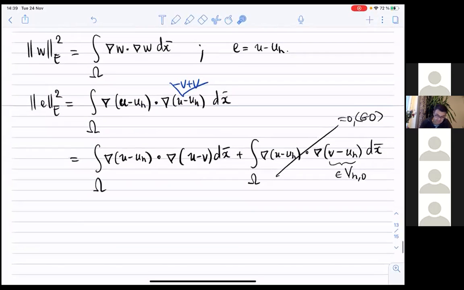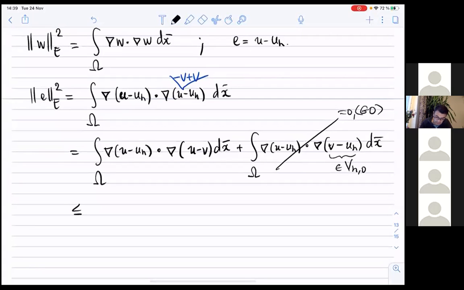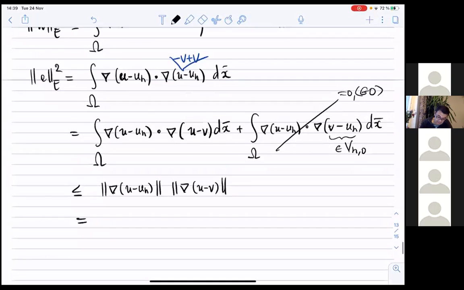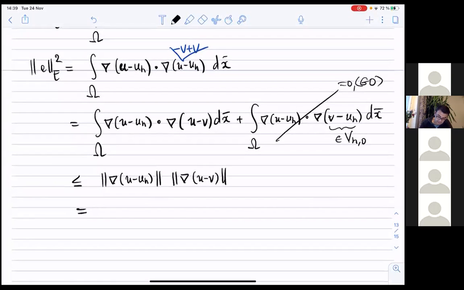So yeah, the rest we know how to do. We use Cauchy-Schwarz to get this estimate, gradient of u minus uh, gradient of u minus v. And if you use the definition of the L2 norm and the energy norm, the energy norm is the L2 norm of the gradient, we get the following estimate.